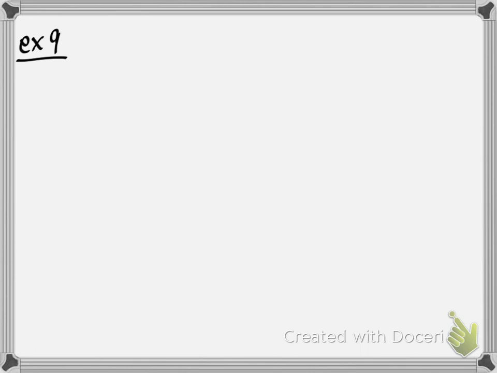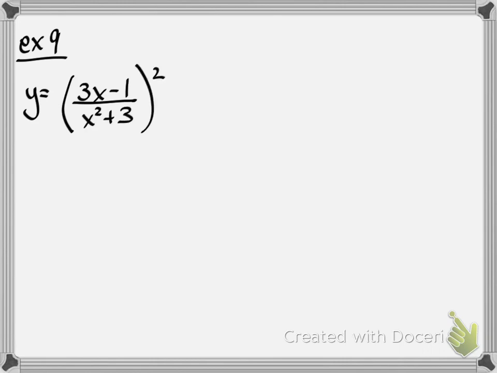Yeah. Example 9, we've got y equals big parenthesis 3x minus 1 over x squared plus 3, all to the second power. Wow. Do you see how that's a chain rule?